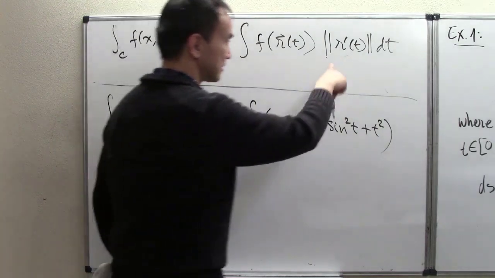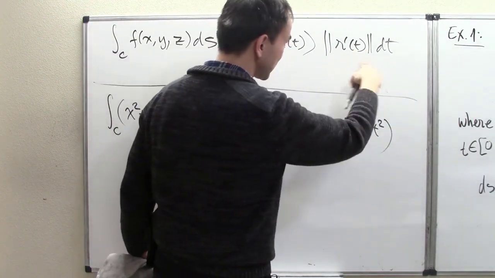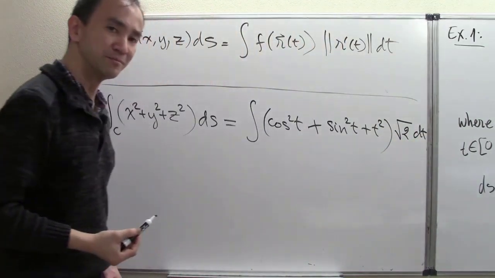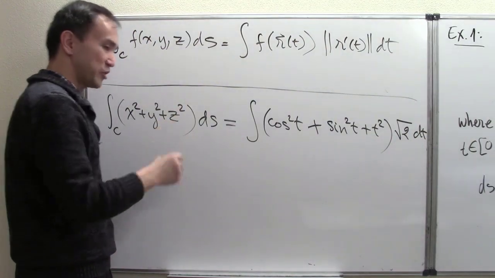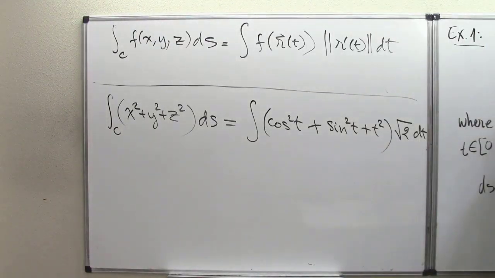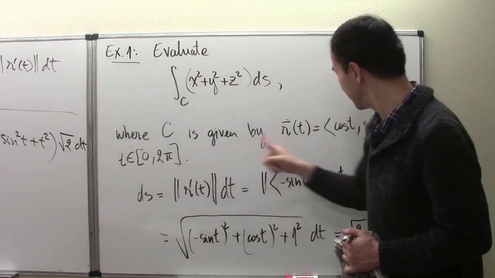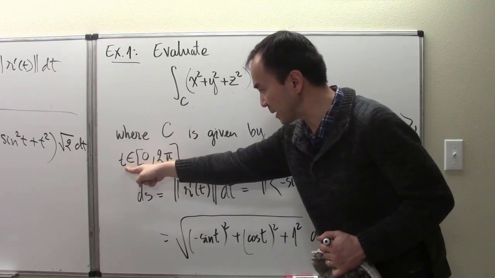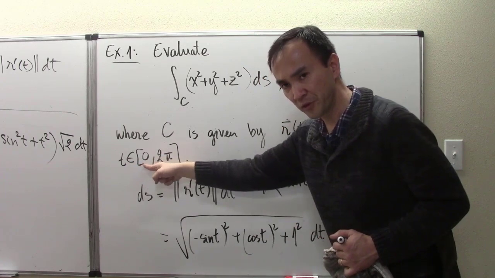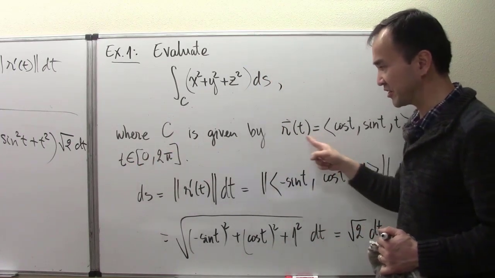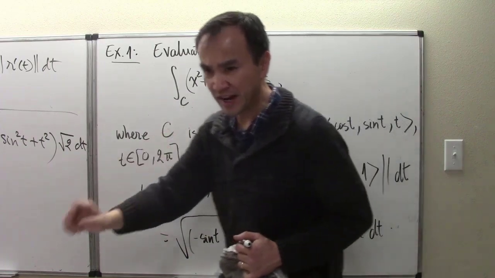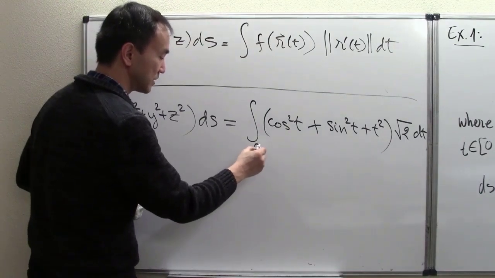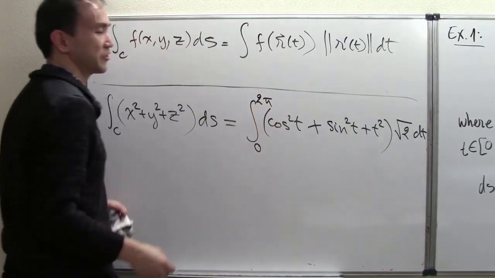And then the magnitude of r prime of t with dt was simply the square root of 2 dt that we calculated earlier. And so now, as a reminder, the parameterization given here is with respect to t changing from 0 to 2 pi. So in that way, the integral, according to the theorem, is an accumulation from 0 to 2 pi on this function.